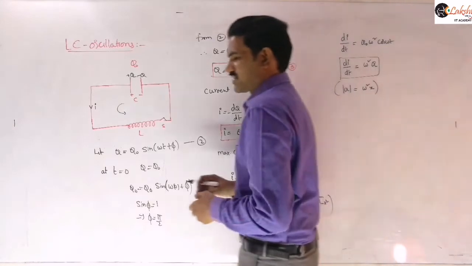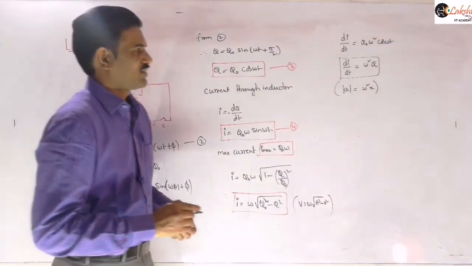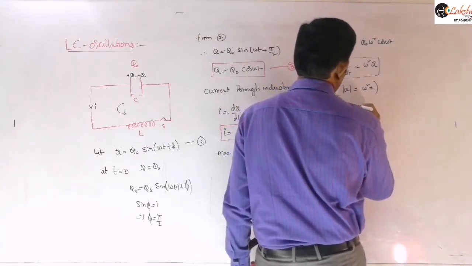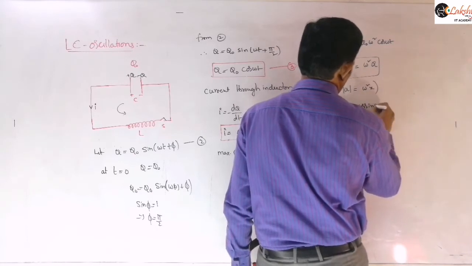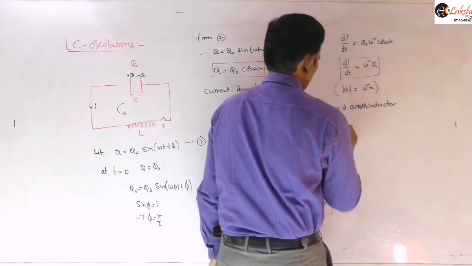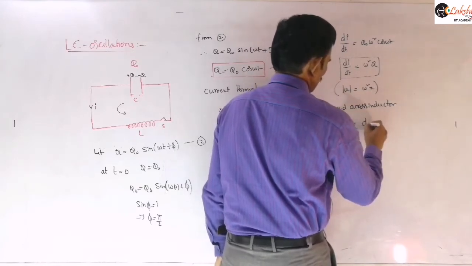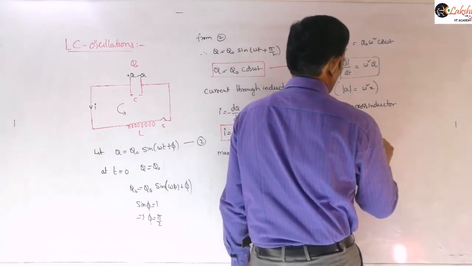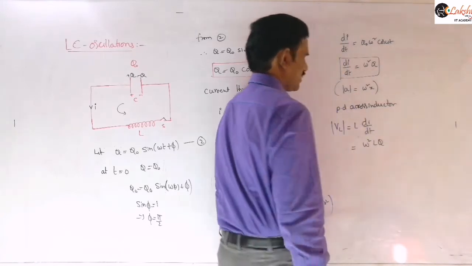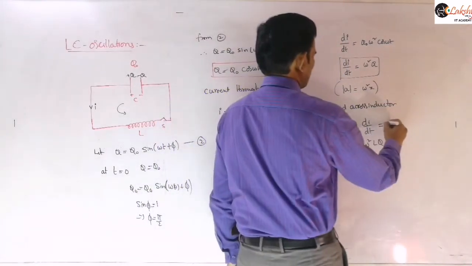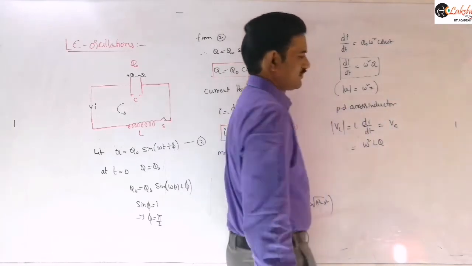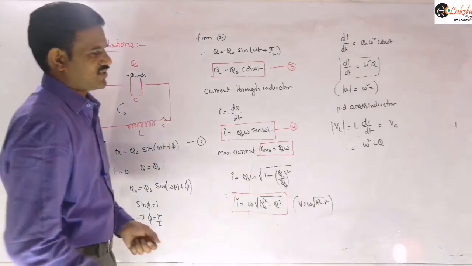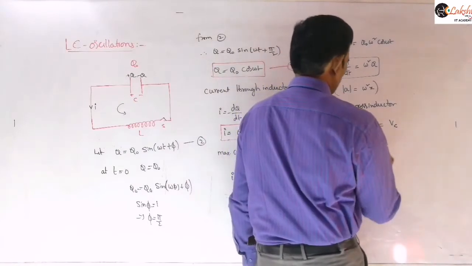And now from this you can write the potential difference across the inductor at any instant of time. Therefore, potential difference across the inductor VL is equal to L into di by dt. This is nothing but omega square L into Q, which is the potential difference across the capacitor, because the potential difference across these two will be the same.